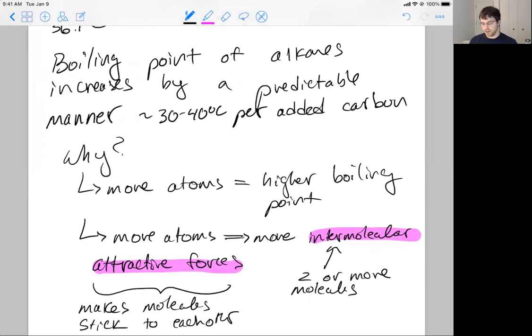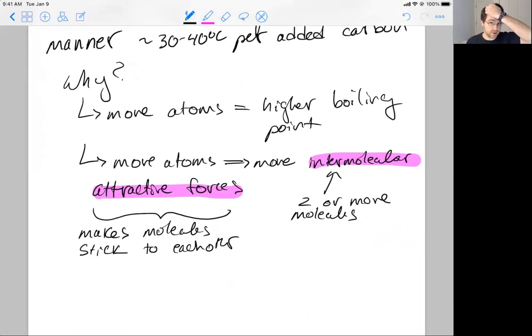Now, it turns out that the intermolecular attractive forces, the things that allow 2 or more molecules to stick to each other, are the things that control the boiling point of a substance.